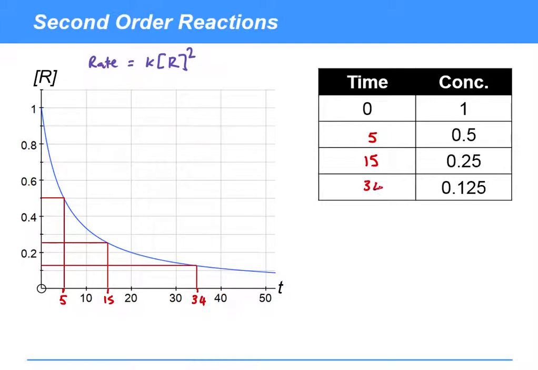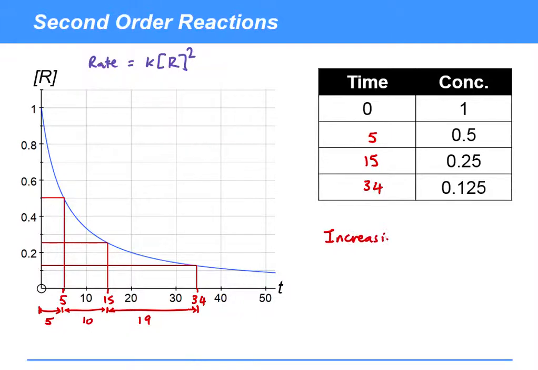So in this case, our first half-life here is only 5 seconds. Our second half-life here is 10. And our third half-life here is a whopping 19 seconds.